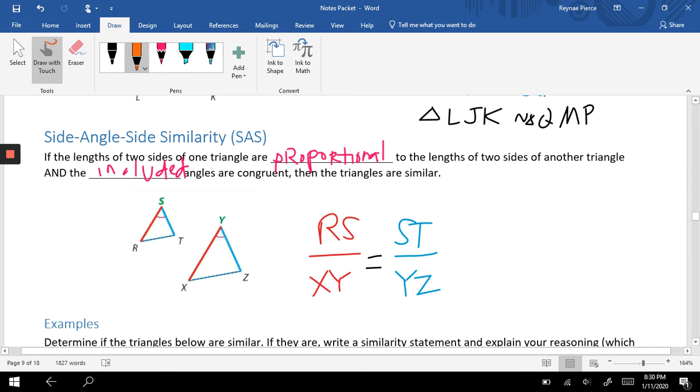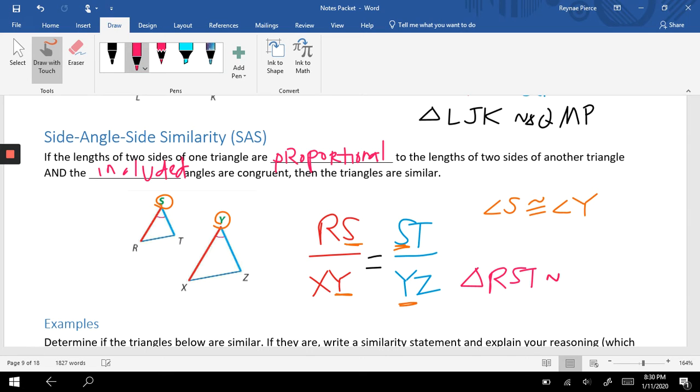And then if we look, angle S here is between RS and ST, and angle Y is between XY and YZ. Those are congruent. I don't need to know anything else to be able to say that triangle RST is similar to triangle XYZ.